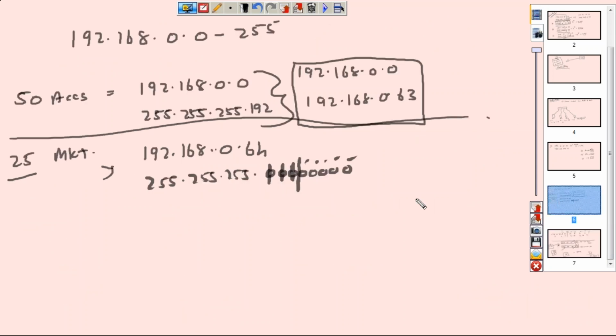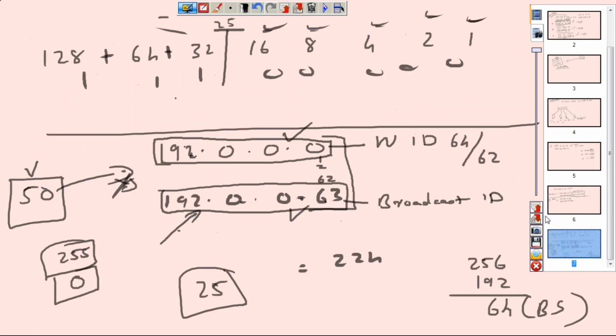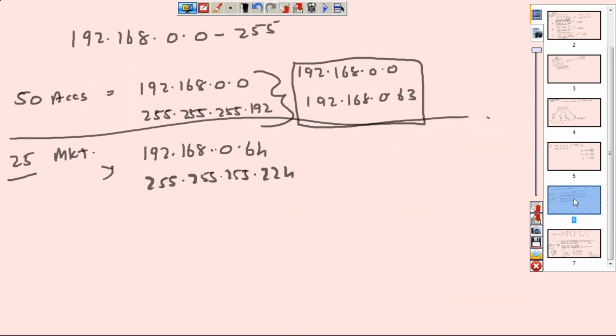All right. So now if I reconvert this back, what do I get? 224. My new subnet mask, right? Isn't that what we did here? 111, which is 224. How do we find our block size now?